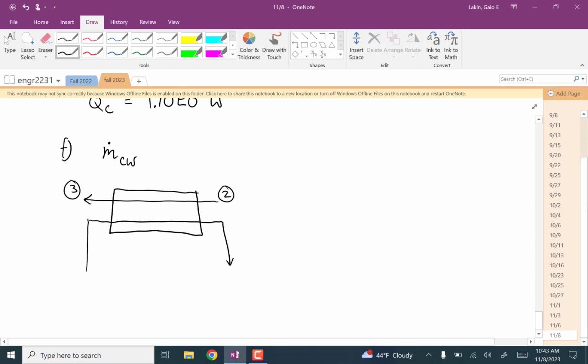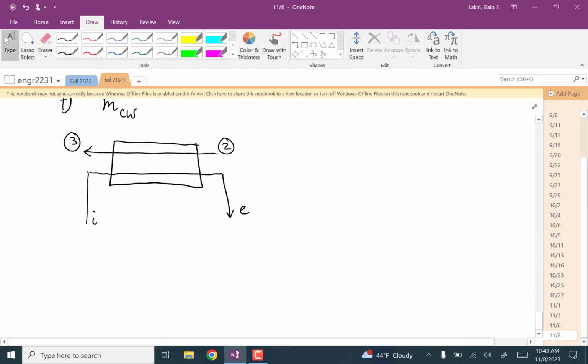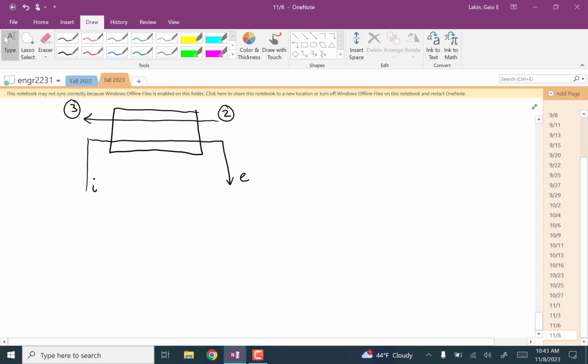And this is the inlet and this is the exit of the cooling water. We're assuming this is steady state.